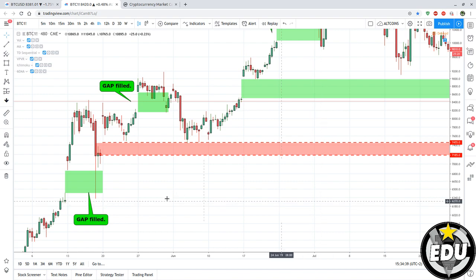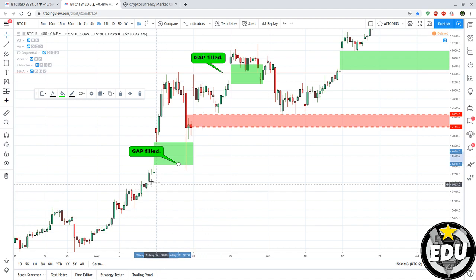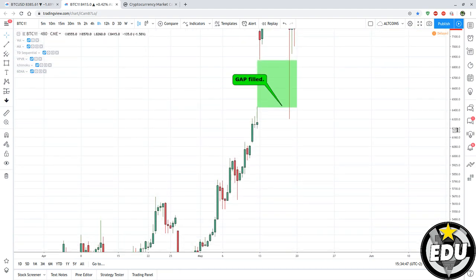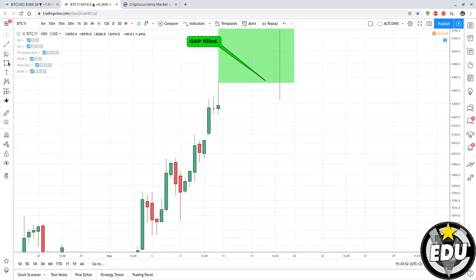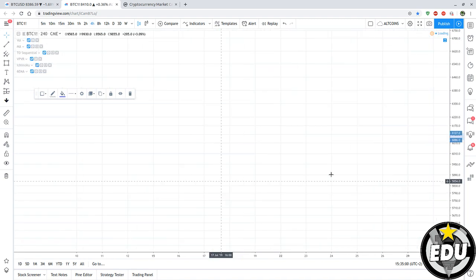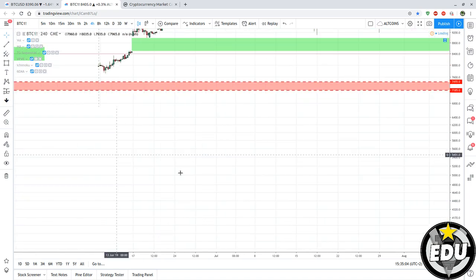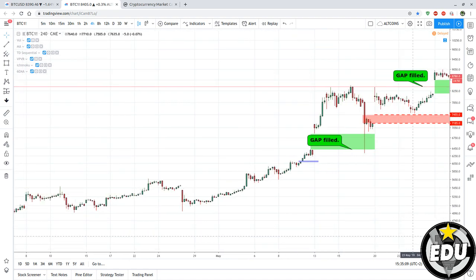And also there is a little one on 6K. I don't know if you noticed, but there is a gap on 6K. We can zoom in to see, maybe the gap is even bigger.